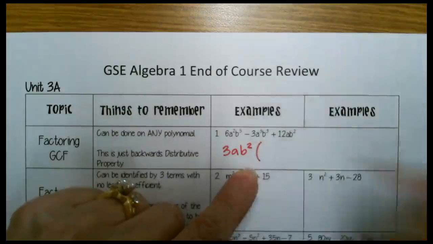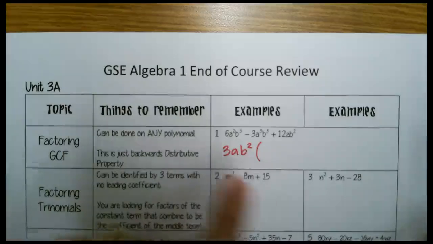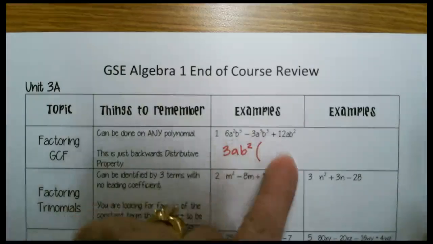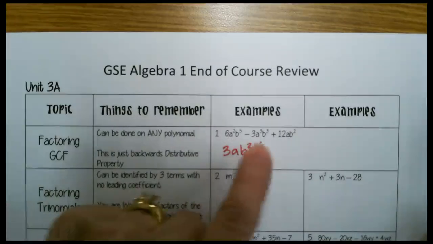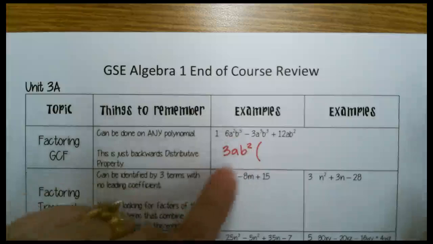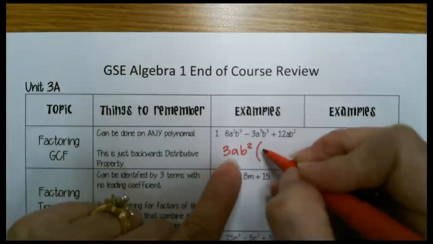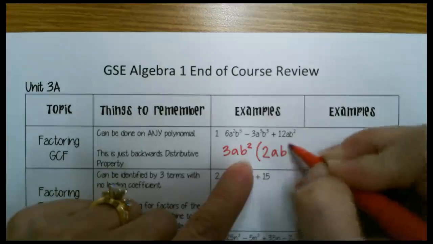Now in parentheses, we're going to put what is left over, meaning that if I distributed this back out by multiplication, I need to end up with this trinomial. In order to get 6a squared b to the 5th, I would need to multiply this by 2ab to the 3rd.